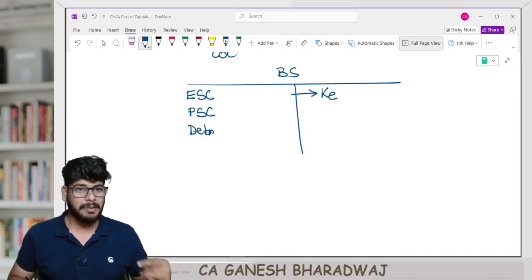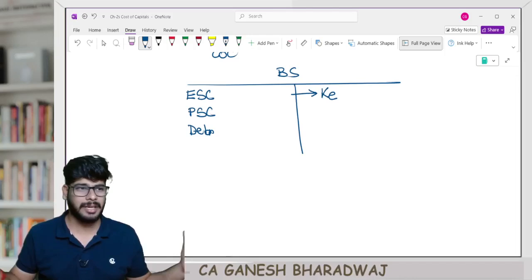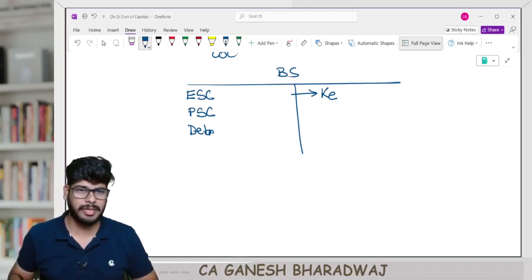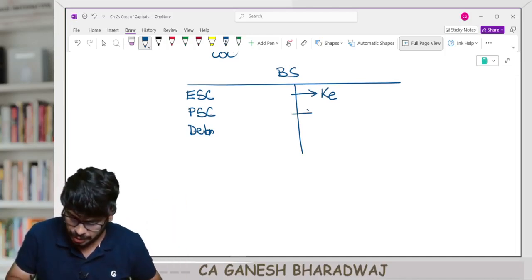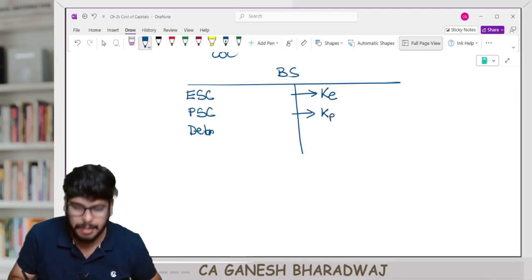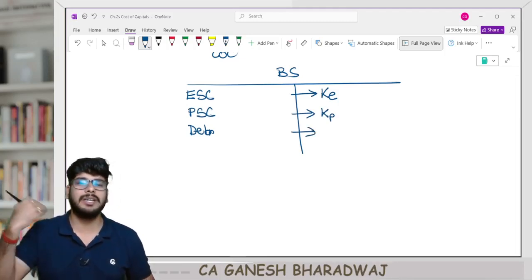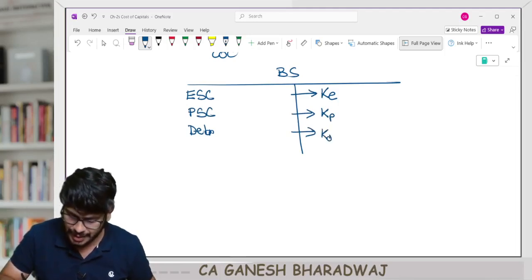Now, similarly, for preference share capital also, the company needs to pay dividend and all these things, correct? Overall, this source also has some cost associated with it. The cost associated with your preference share capital is called KP. Are you clear with this? Similarly, the cost that is incurred towards your debentures as a source of finance is called KD.